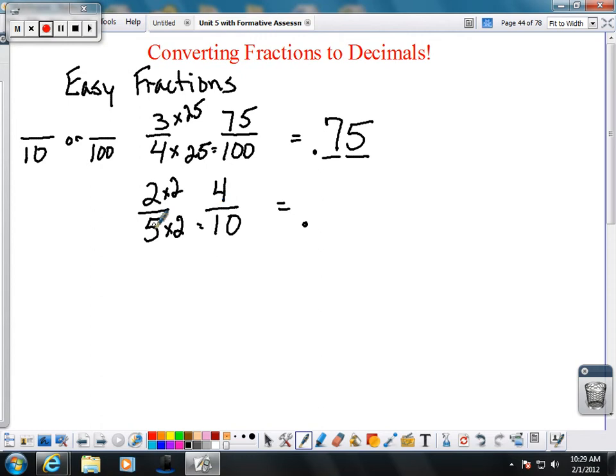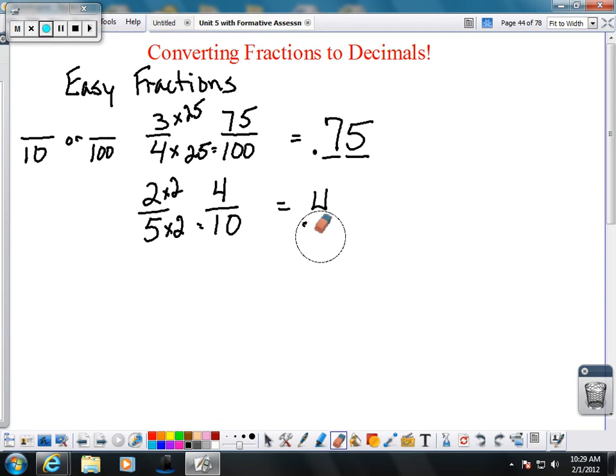So 2/5 is equivalent to 4/10. I read that decimal 4 tenths, and I write that decimal 4 tenths. I put a line here, not really to underline the number, but to show you where the place value goes. We said this was a very, very easy way to make fractions into decimals.